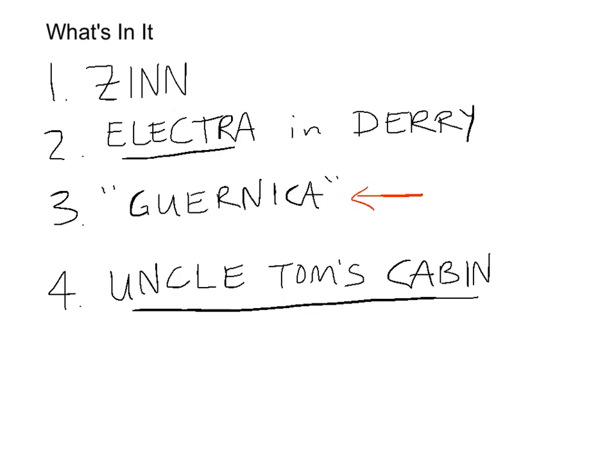The last thing you'll do is a little bit of reading about Uncle Tom's Cabin. The Uncle Tom's Cabin reading is about 4 pages. Uncle Tom's Cabin is a book that was published not too long before the Civil War started. It dealt with slavery. It's a work of fiction.